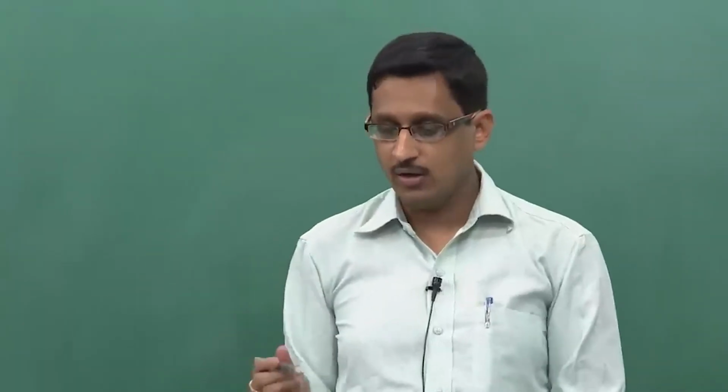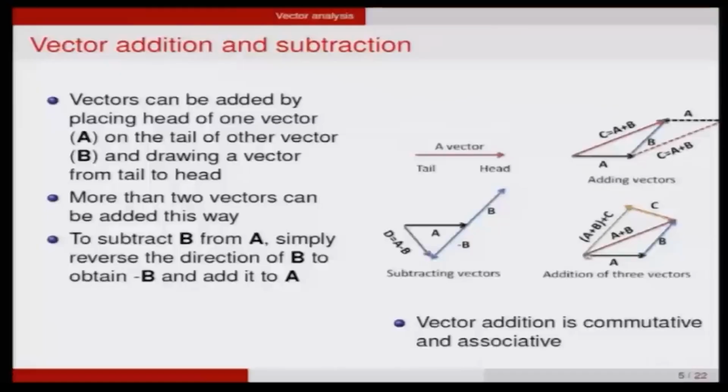You can do that by going first to A and B to get A plus B, to that you add C to get A plus B plus C. Alternatively, you can start with B plus C here, that would give you a vector from the tail of B to the head of C, okay, and from here you can then add a vector A. You will again get back to the same vector. You can try this as an exercise to convince yourself that vector addition is commutative as well as associative.